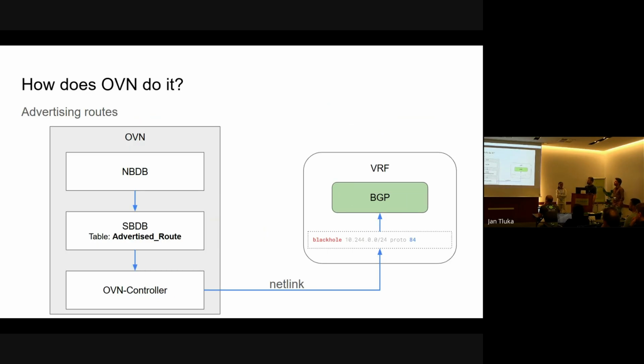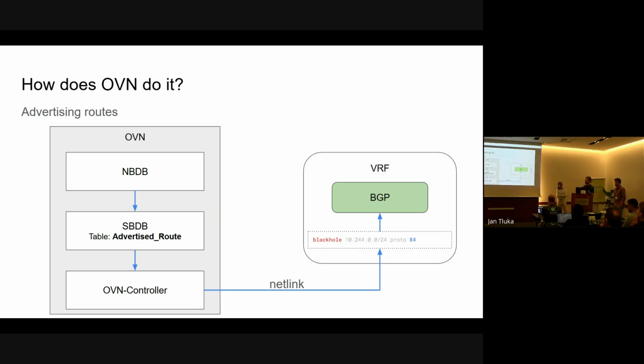Let's get a little bit into how advertising routes works in OVN. So you have your NBDB, you have your routes there. You can configure your router so it is going to advertise those. What that's going to do is populate the advertised route table in SBDB. From there, the OVN controller would read those routes, and using netlink, it's going to insert the routes into the VRF.